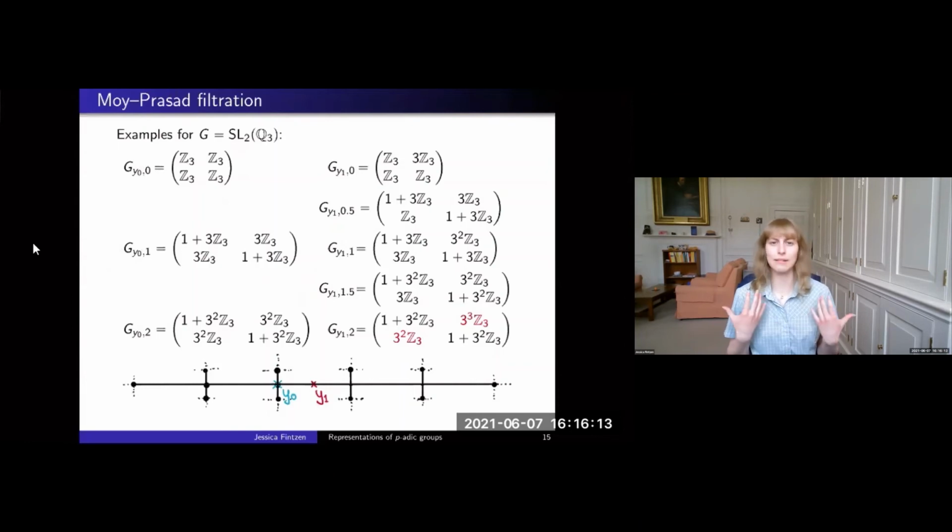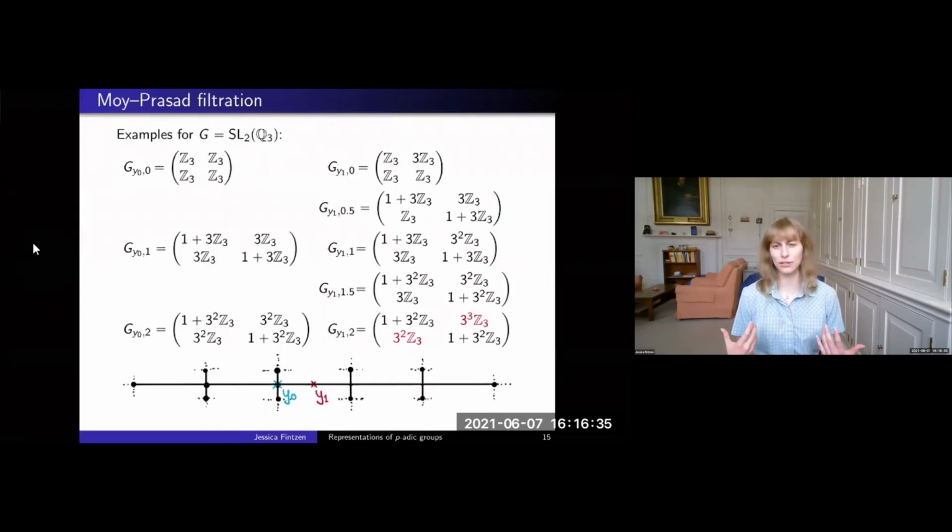And this filtration plays a really important role in representation theory because it allows us to construct representations, to study them, to define the depths, and all these things. And it has a lot of nice properties. The quotients are really nice, and I could give a whole talk just about this filtration. But here I just want to give you some idea of how it looks.